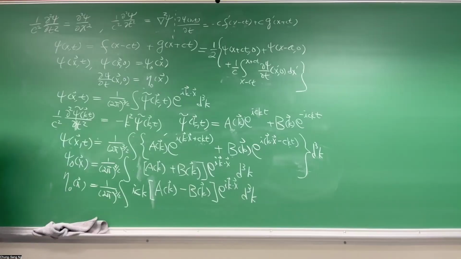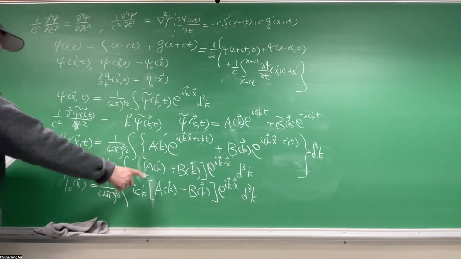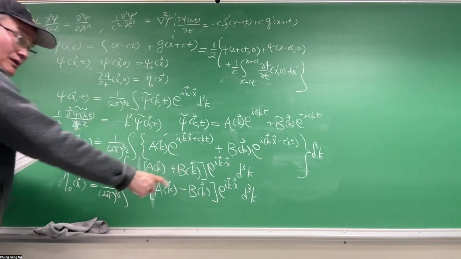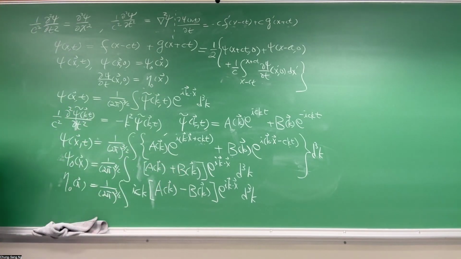Right. So now you have two equations from the two conditions: the initial condition of the function and the initial time derivative of the function. And the goal is to solve the function A and function B as a function of k. Now up to this point, can you do that?